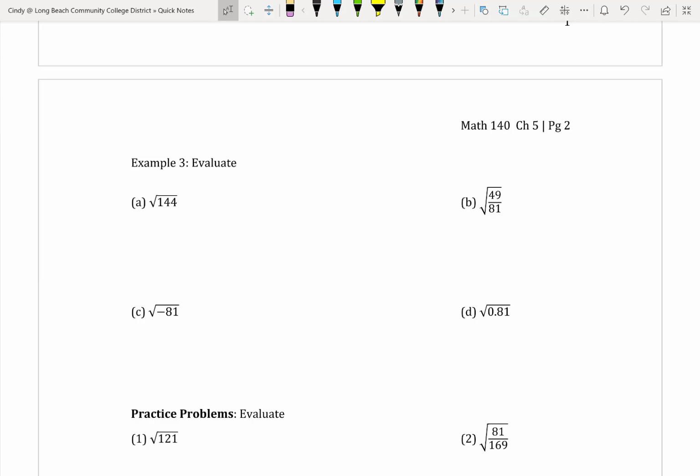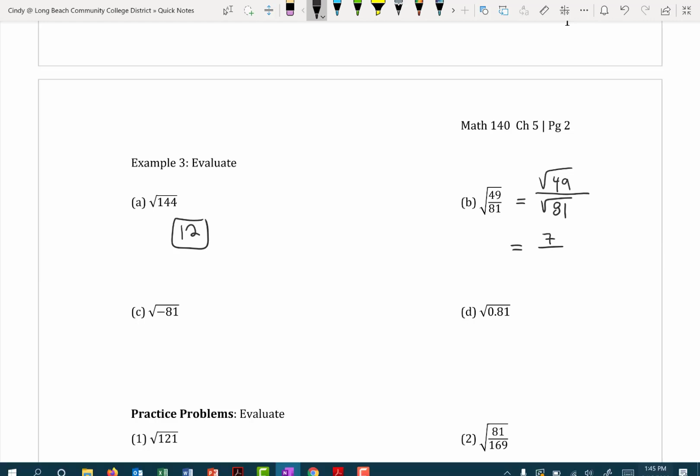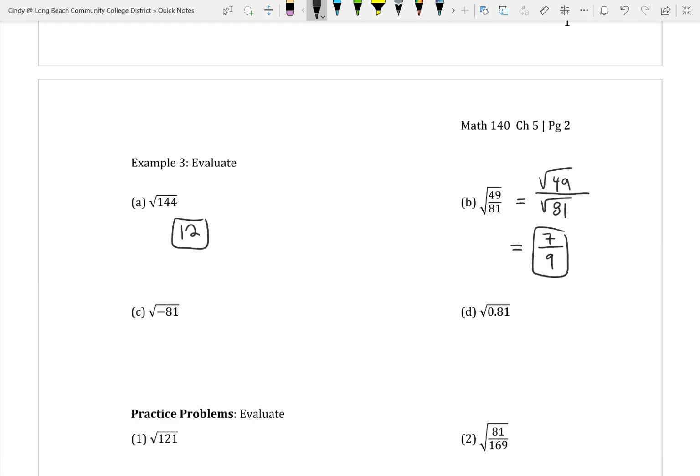Well, the square root of 144 is just going to give me 12. Here, I can actually split this. So I'm going to have the square root of 49 up on top and the square root of 81 on the bottom. So the square root of 49 is 7, and the square root of 81 is 9. So my answer here is going to be 7/9.